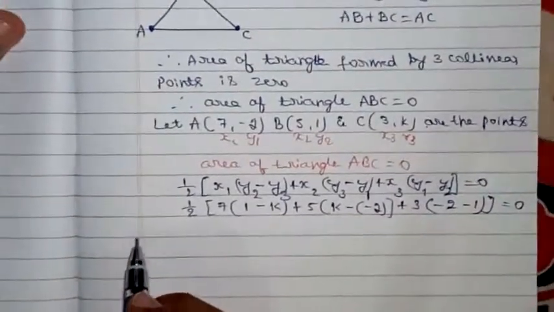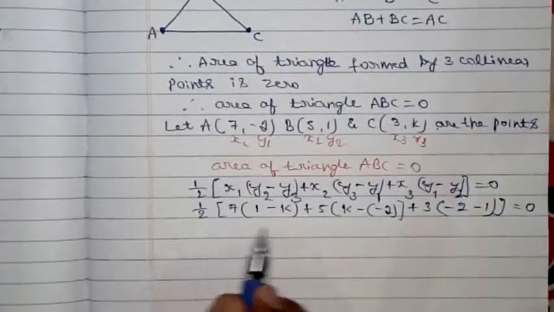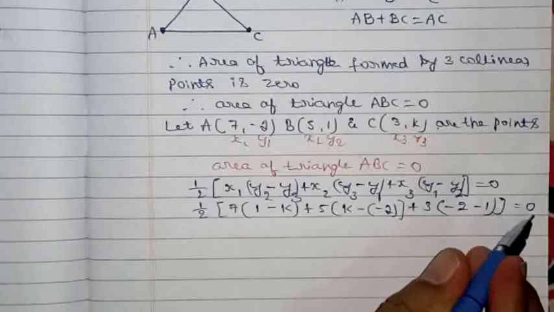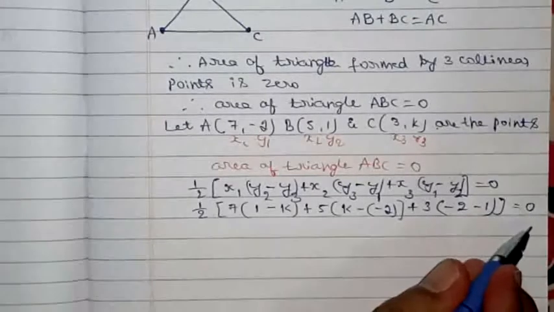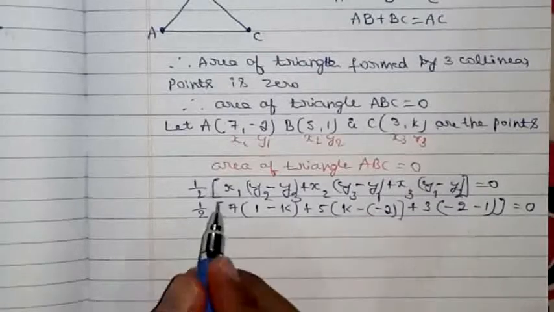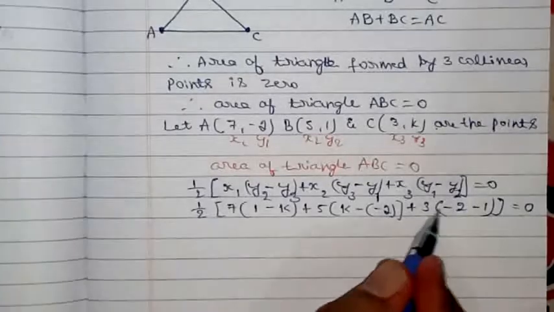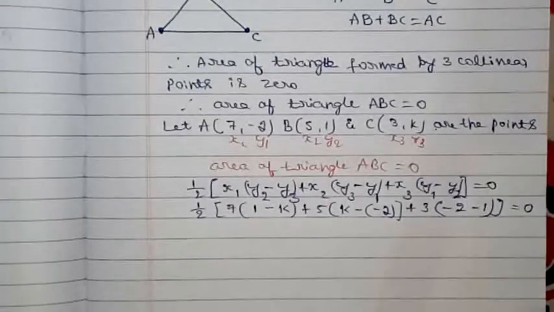Okay, now simplify this. Now if you send half to the right hand side, it will become 0 into 1 by 2. So if any number is multiplied by 0, it is nothing but 0, right? Now whatever remains here, you need to simplify that. Okay, children.